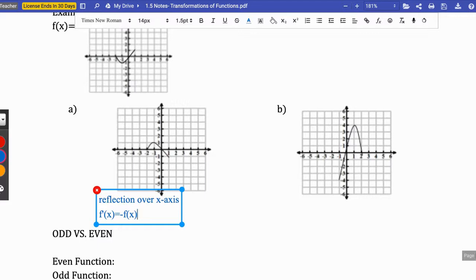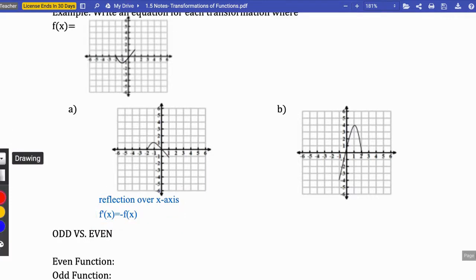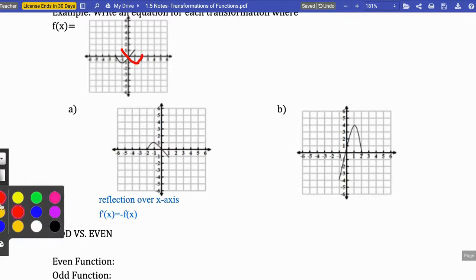So this one I would say has 2 reflections, because if it was reflected over the y-axis, and we'll draw it over here, it becomes this, which is really kind of flipping over. But then if I reflect it again over the x-axis, then this guy's here, this guy becomes there, and this guy becomes there.